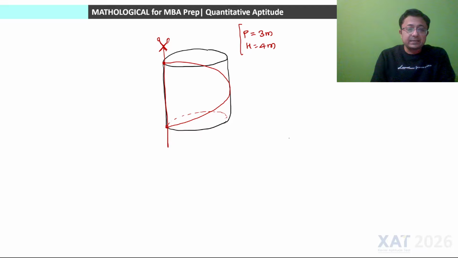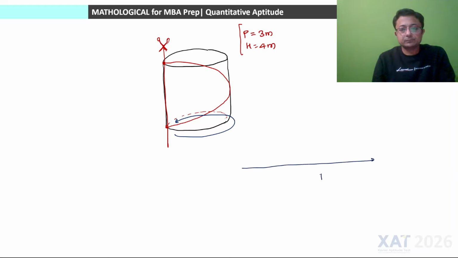And in that rectangle the base will be the perimeter of the circle, the perimeter of the base. So this perimeter, which is equal to 4 meters, this will be the base, and this is height equal to 3 meters.